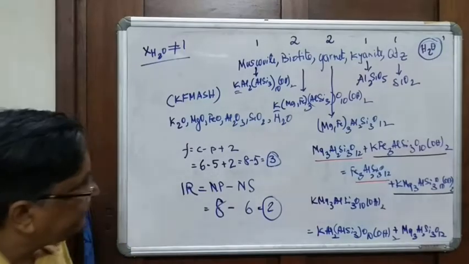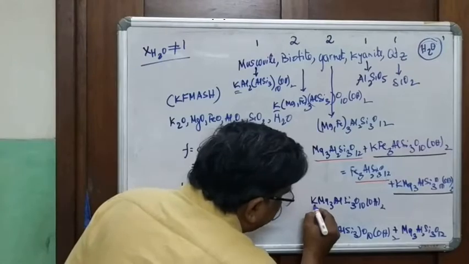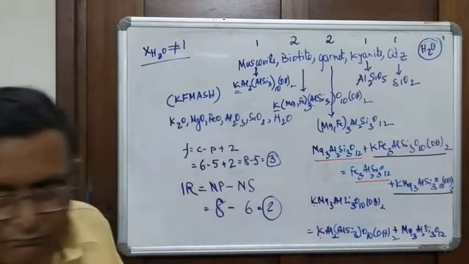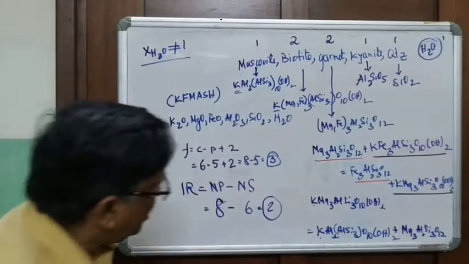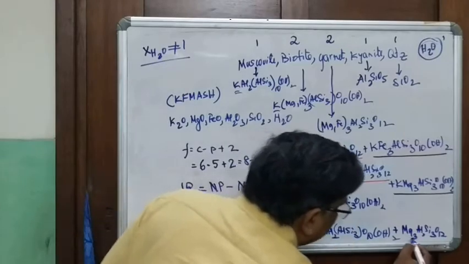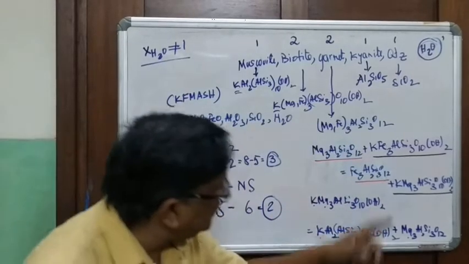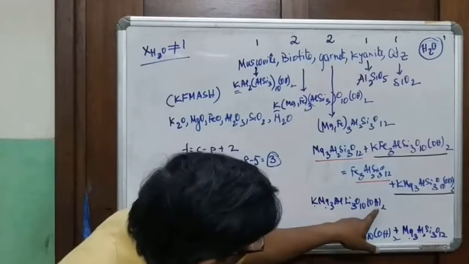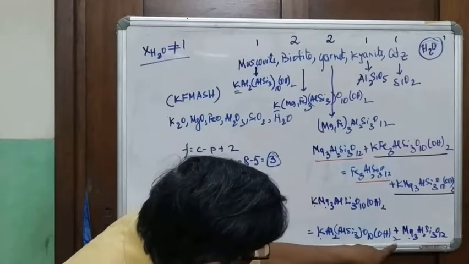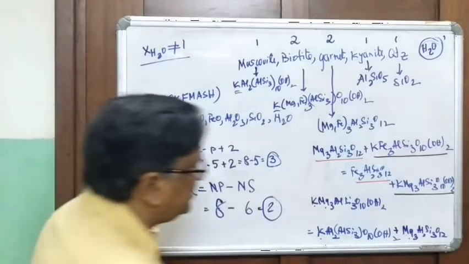What is the problem? Here you see, one potassium, balanced. 3 magnesium, balanced. Let's look at OH, hydrogen. 2 hydrogen, balanced.